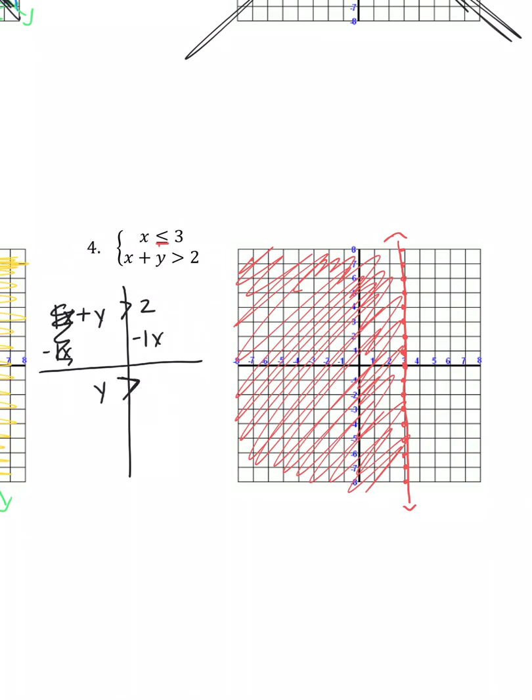Y is greater than, and I'm going to start with my x, negative 1x plus 2. There's no number under that 1, it's really a 1. So let's pick a color, well, blue. So I'm going to shade this blue. Okay, so I'm going to start at a positive 2. And it tells me I'm going to go down 1 and to the right 1. So I'm just going to do that until I have no more graph.